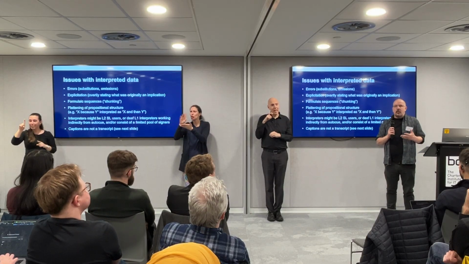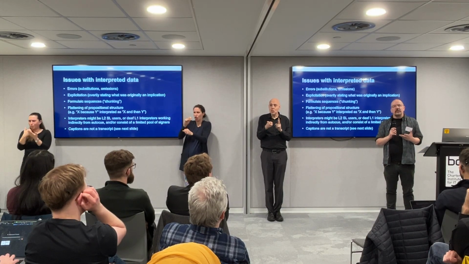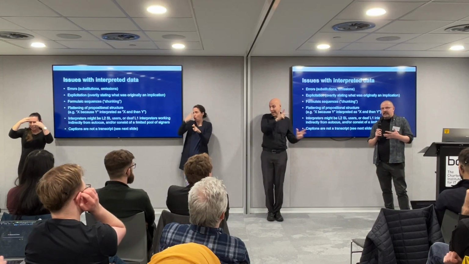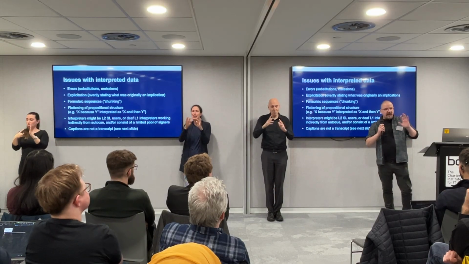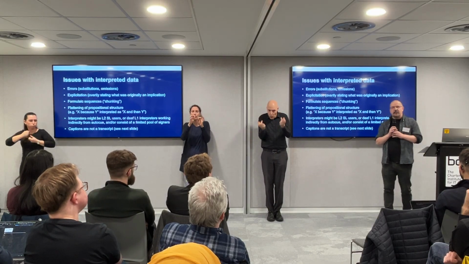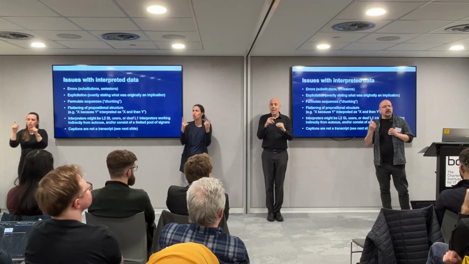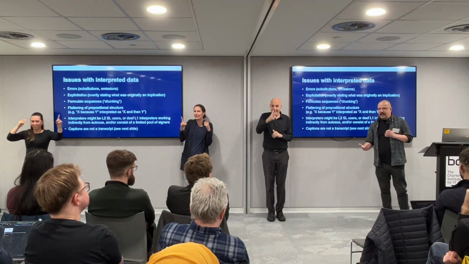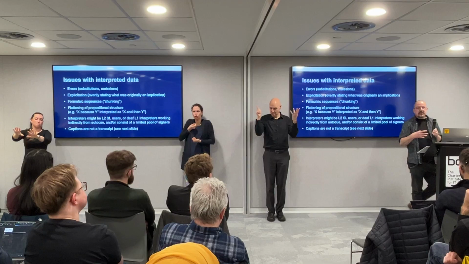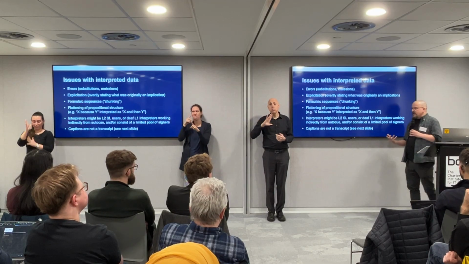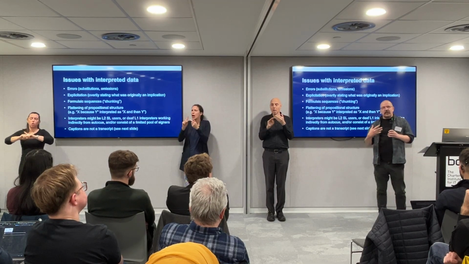So interpreters are working under an absolutely colossal cognitive load. There are various models in the interpreting literature about how they juggle all of these different things. In some of them, you're spinning 18 different cognitive plates simultaneously. So you are exhausted. So interpreters will have various strategies where they try to reduce the cognitive burden.